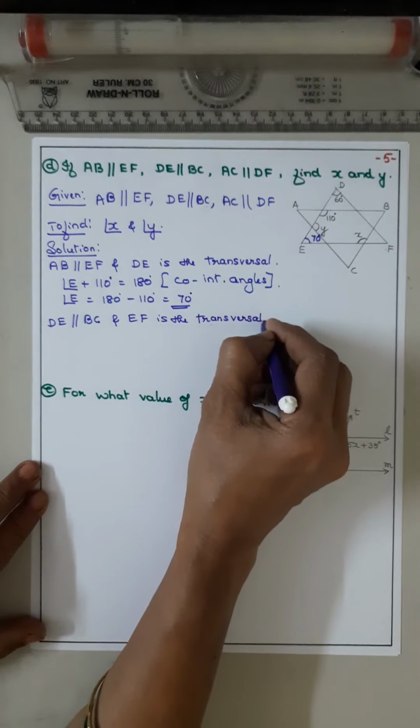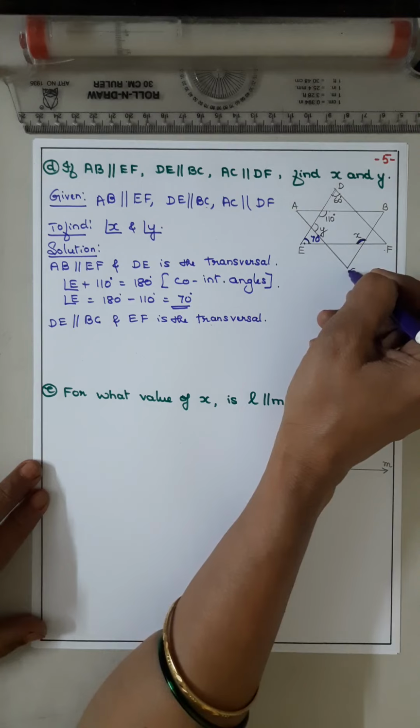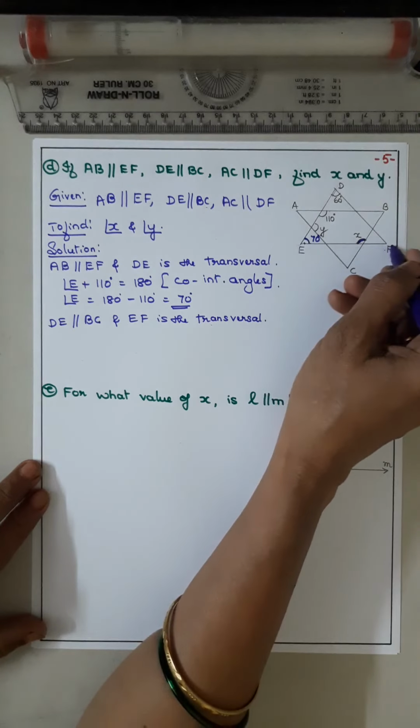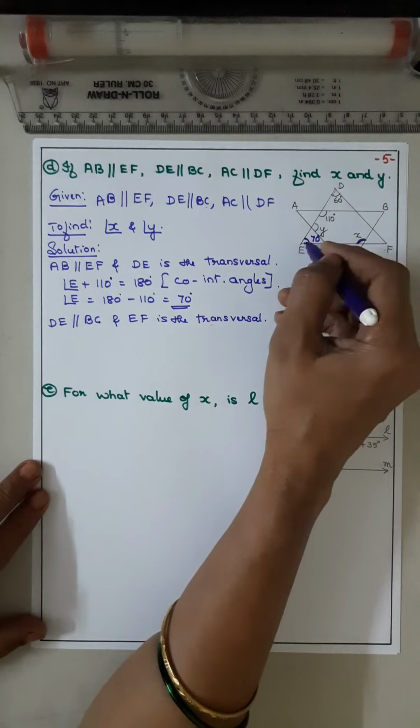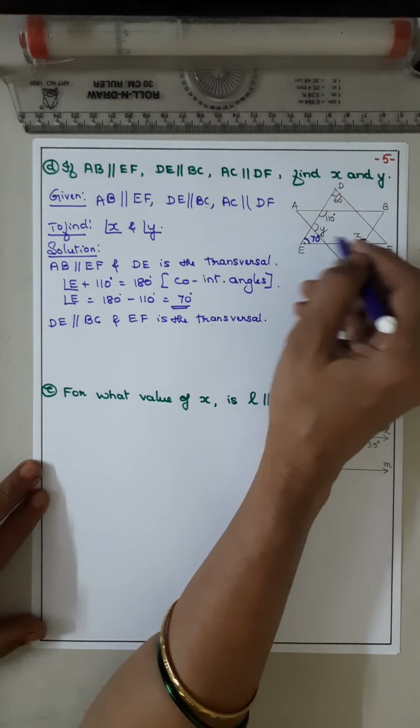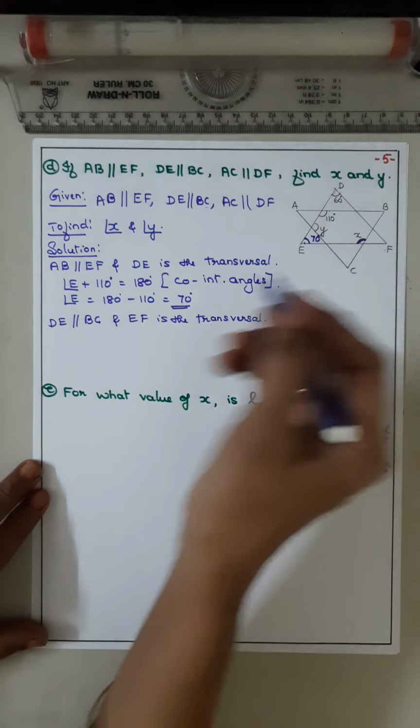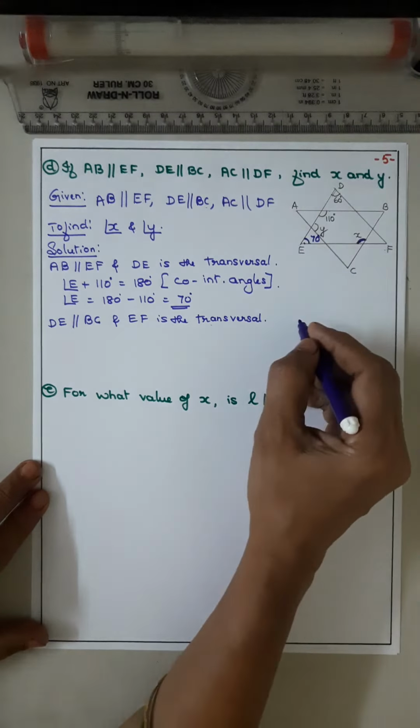See, DE and BC are the two parallel lines and EF is the transversal. So this angle E and angle X together are equal to 180.